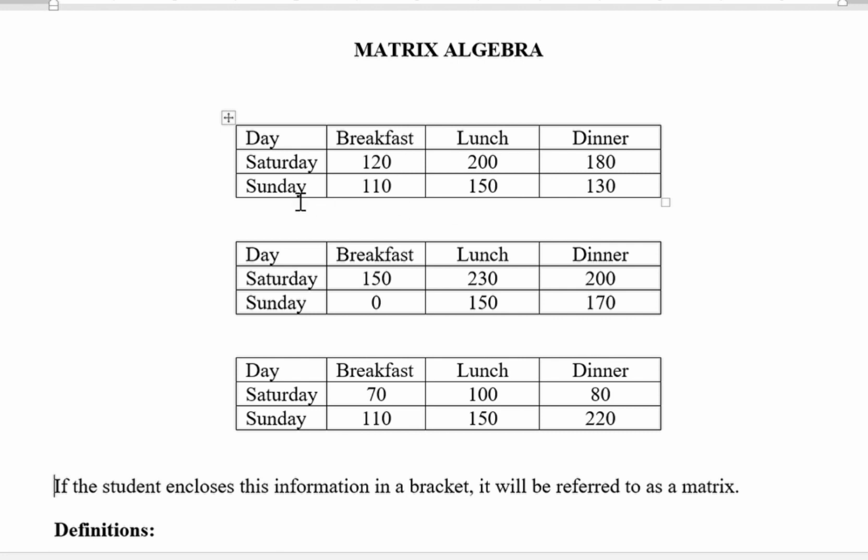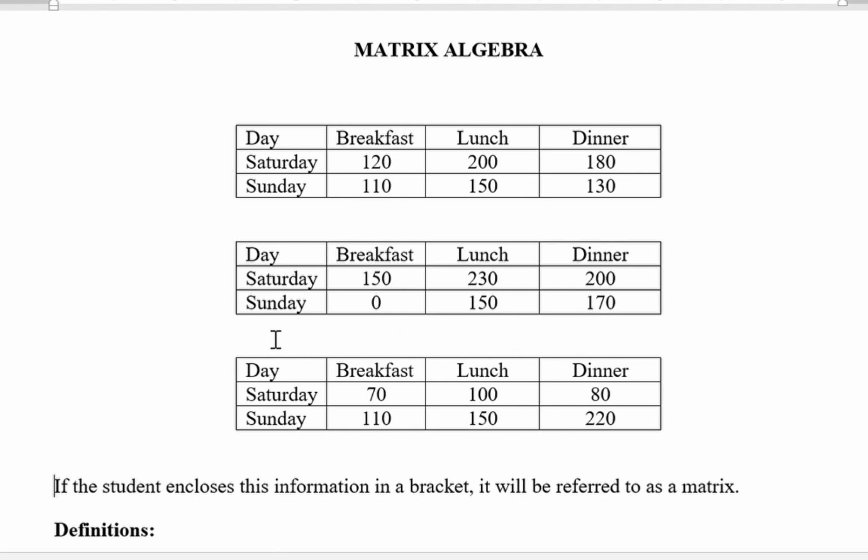On Sunday he spent 110, 150, and 130 respectively. The second weekend he realizes that on Saturday he spent 150 for breakfast, lunch 230, and dinner 200. On Sunday, he did not take anything in the morning, but at lunchtime he spent 150, and during dinner he spent 170.